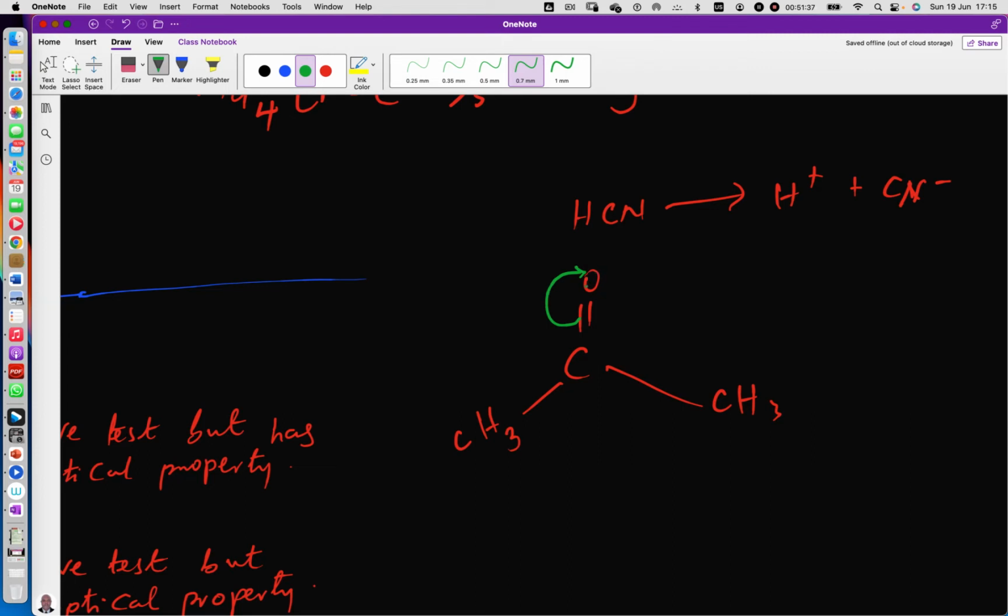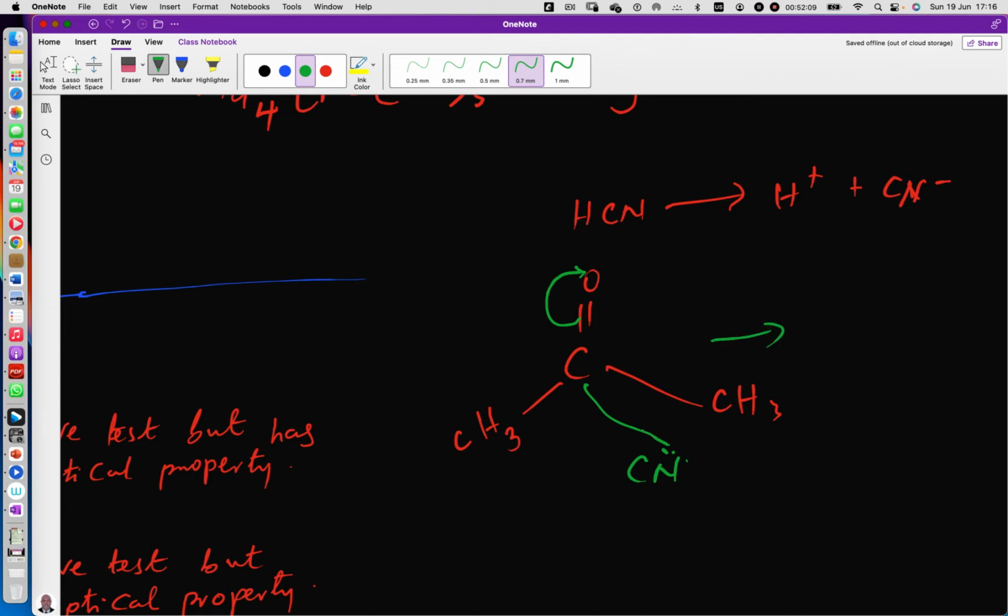When the lone pair is shifted in here, what happens? There's going to be a cyanide here.